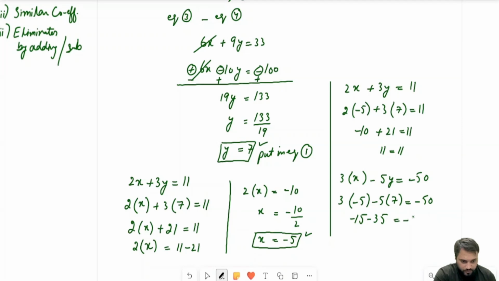Equal to minus 15 minus 35. As you can see, they both add to give minus 50. So it is verified that both have a common solution. Our solution is y is equal to 7 and x is equal to minus 5.